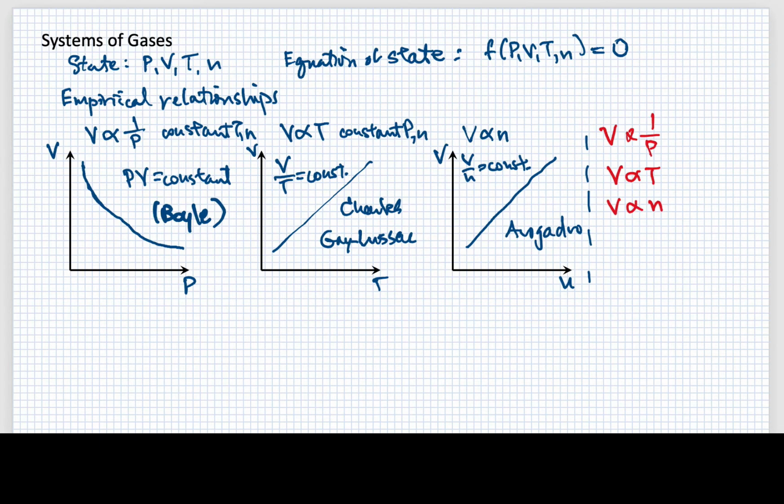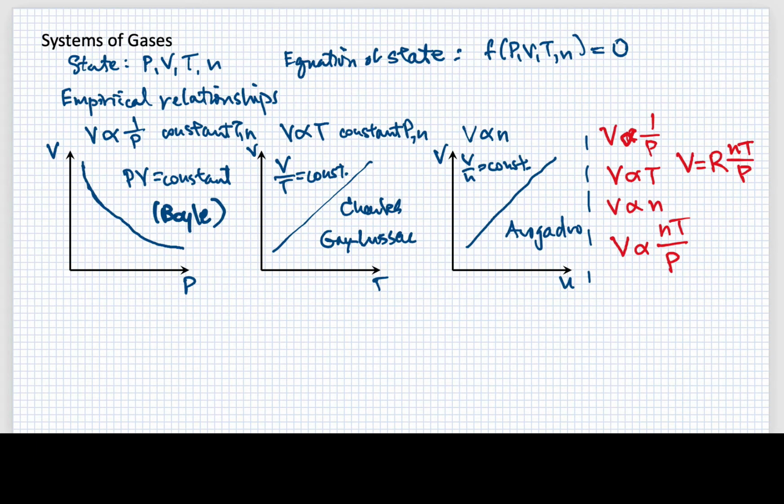So if we want to combine all of these things together into one law that sort of connects all of them together, then we might say that volume is proportional to the amount times the temperature divided by the pressure. That would be a way of combining all these equations. Now, it's proportional to, and the way we can turn this into a real equation is by inserting a constant. And so in this case, we would insert the constant R.